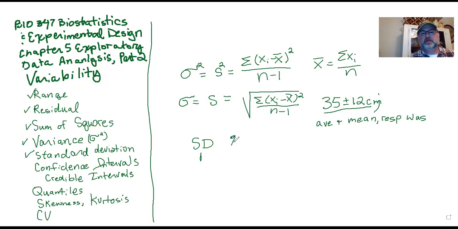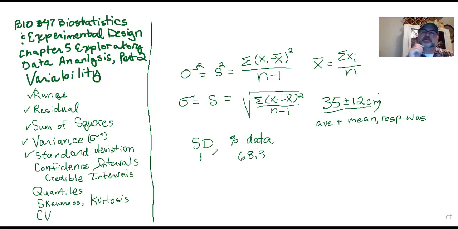And we can look at that in terms of the percent of the data included, okay? And it would be 68.3% of the data is included within one standard deviation.